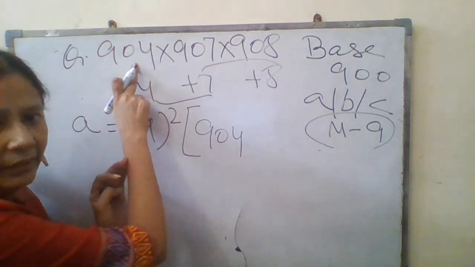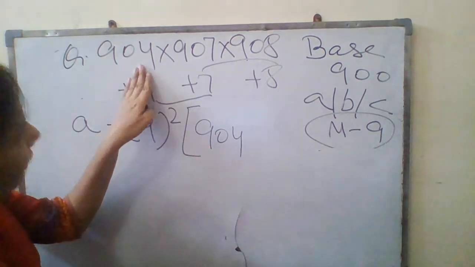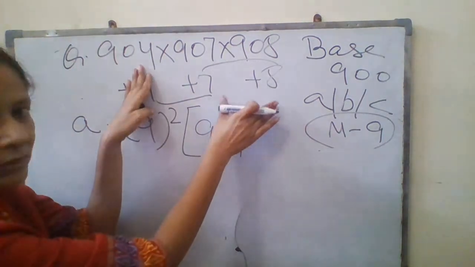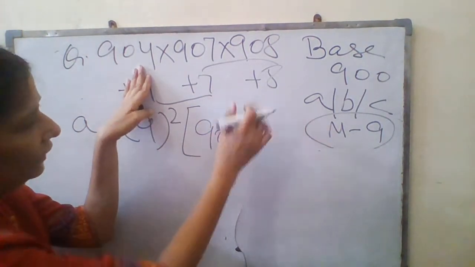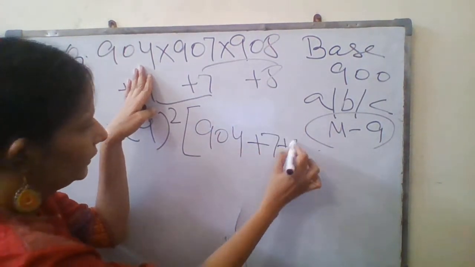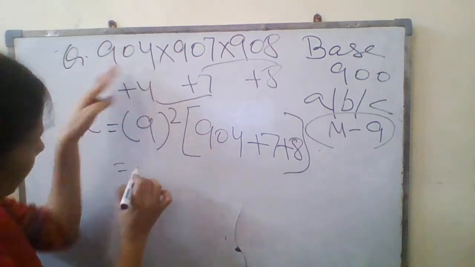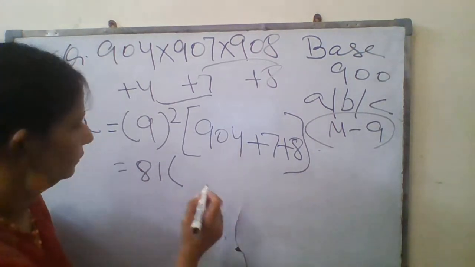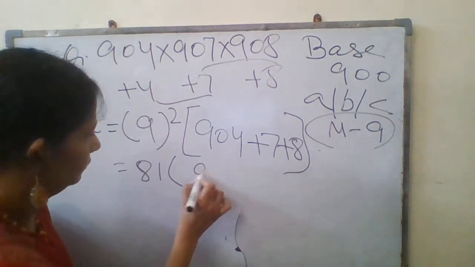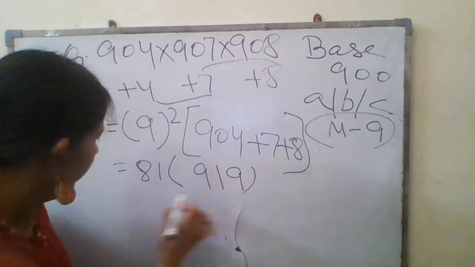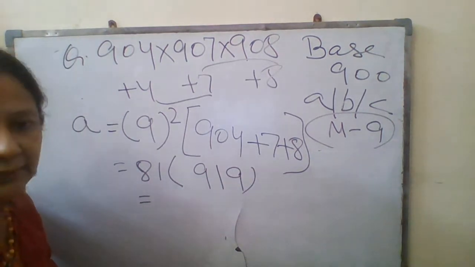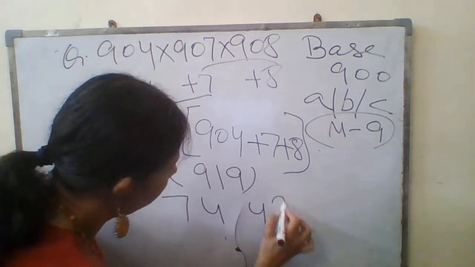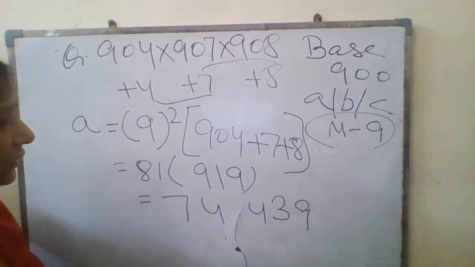So if I have written this 904, I will not take the excess value of 904, but these two remaining excess values I will take, plus 7 plus 8. So when you will solve it out, you will get here 81 into 919, and when you will solve this, 74439. Okay, now this is the value of A.